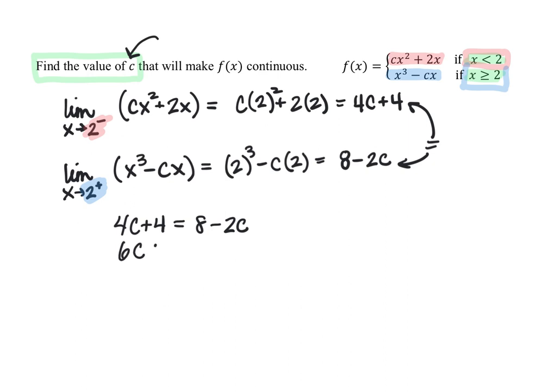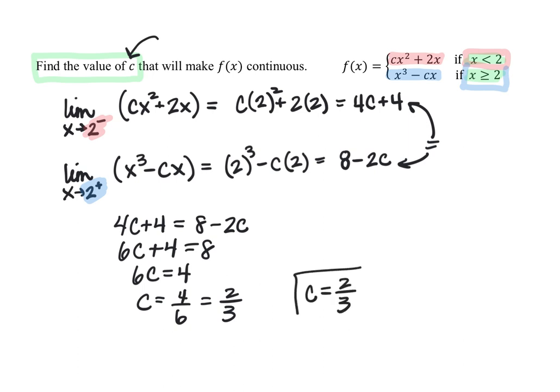So 6c plus 4 is equal to 8. We'll subtract 4 and then divide by 6. And that will give us c is equal to 4 divided by 6, which is 2/3. So if c is equal to 2/3, then this function will be continuous.